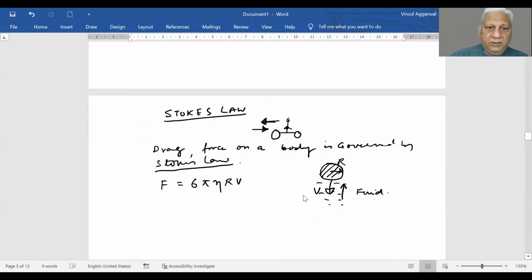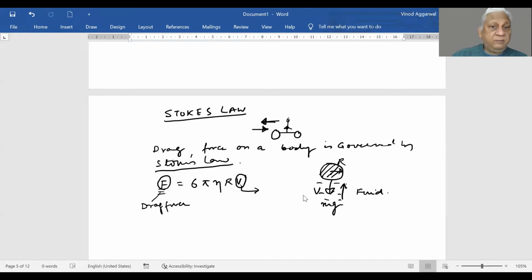Now you see, if a body is free falling, its velocity will keep on increasing. Now if its velocity keeps on increasing, what happens to the drag force? Drag force will also increase. And how long will it increase? It will increase till it balances the weight of the body.